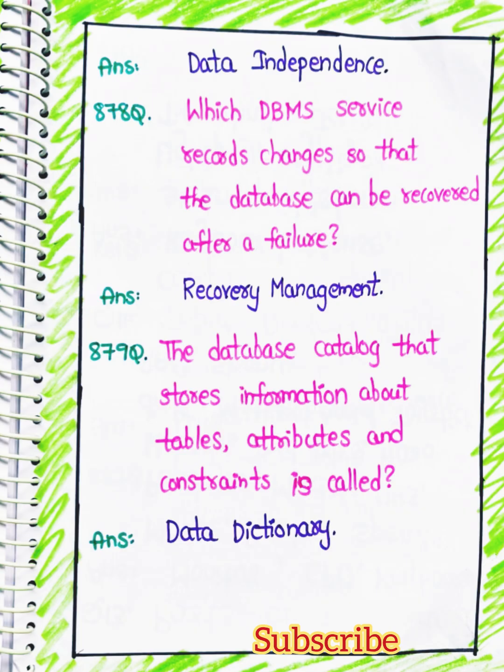Which DBMS service records changes so that the database can be recovered after a failure? Recovery management. Next question, the database catalog that stores information about tables, attributes and constraints is called data dictionary.